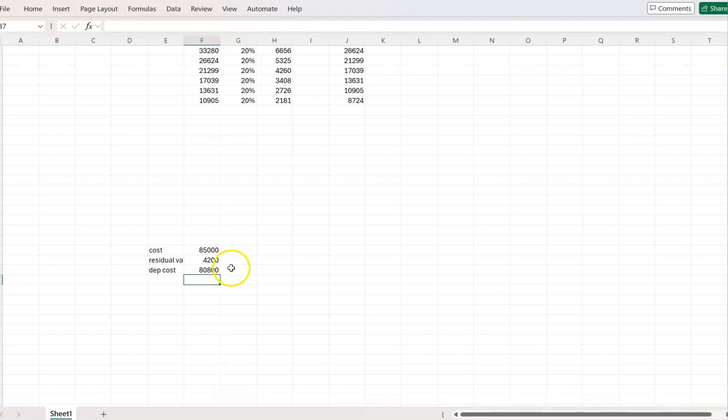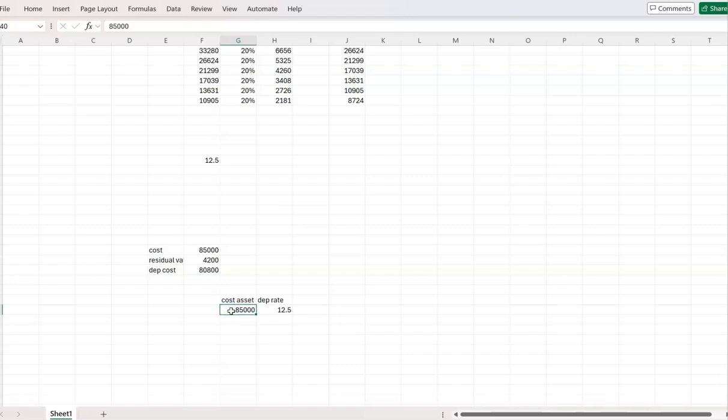Over 8 years, okay, guys, 100 divided by 8 is 12.5% a year, right? So wouldn't we take the cost of the asset, 85,000. Depreciation rate is 12.5. But we only can take that based on the depreciable cost of 80,800.